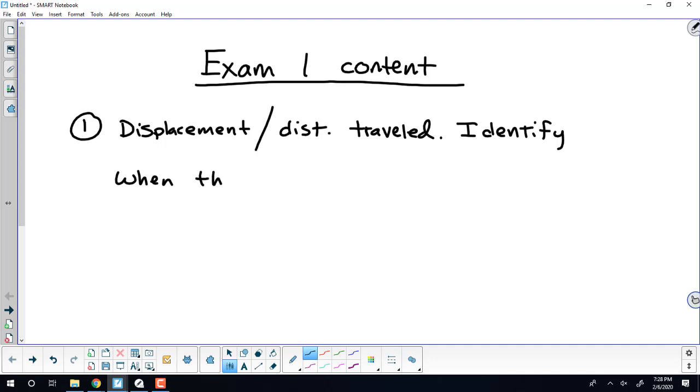In other words, when motion is in the positive or negative direction. So you had a few of these in your homework too.